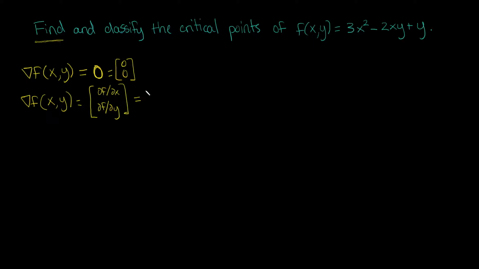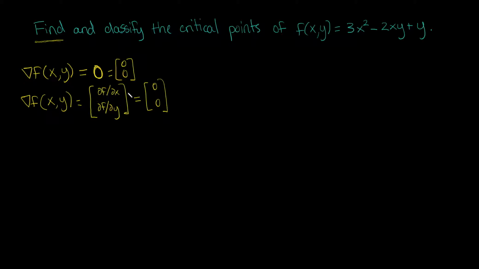And because we know that this equals the 0, 0 matrix, we are going to have a two equation system that we will be able to solve. So let's get on with this and plug our function in.